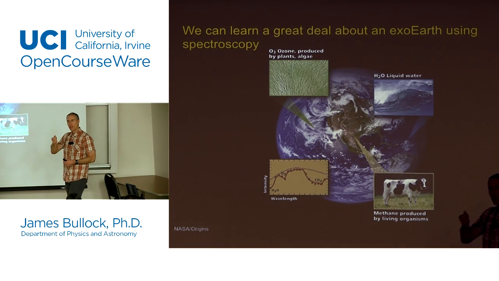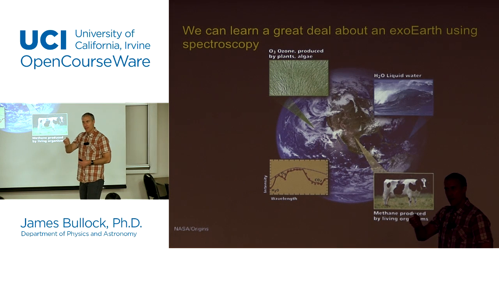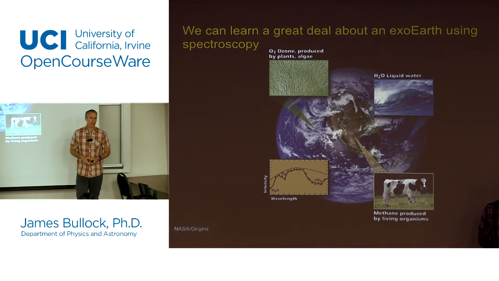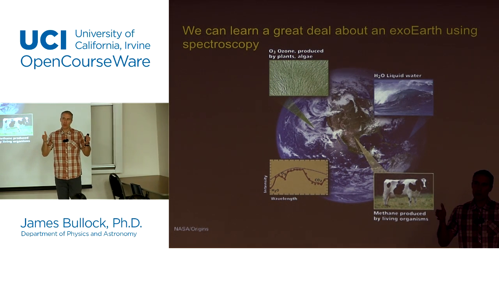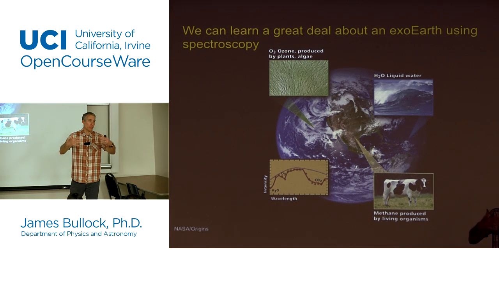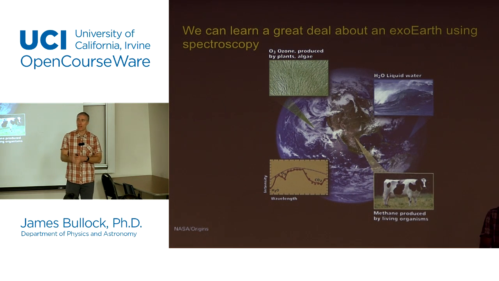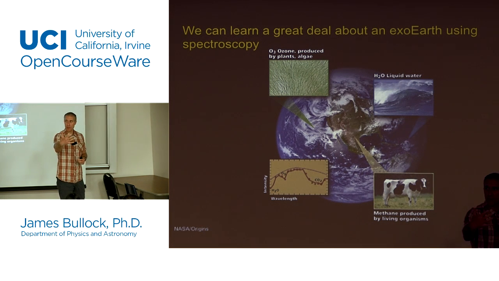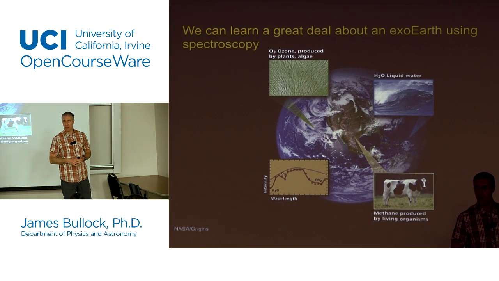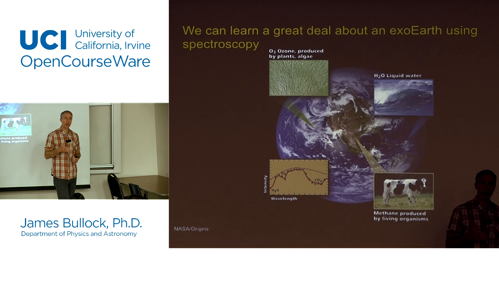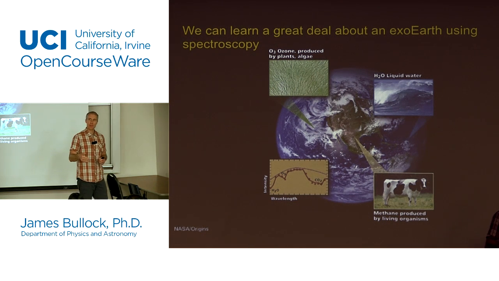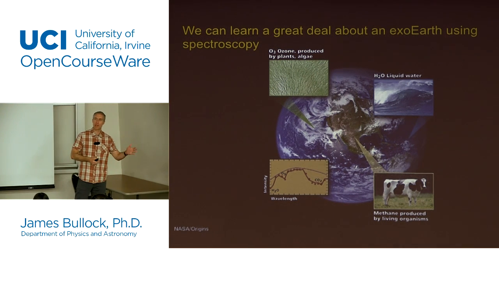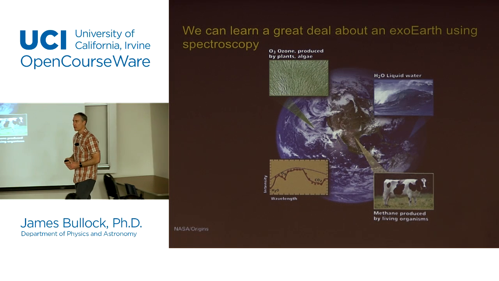And the wavelengths of the light that are absorbed by this gas depend on the nature of the gas. So if you can measure what's called the absorption spectrum, or the spectrum of light, that's shining through an atmosphere of a distant planet, for example, you can hope to figure out the molecular content of that atmosphere. You can figure out whether it's got carbon dioxide or methane or oxygen or whatever.